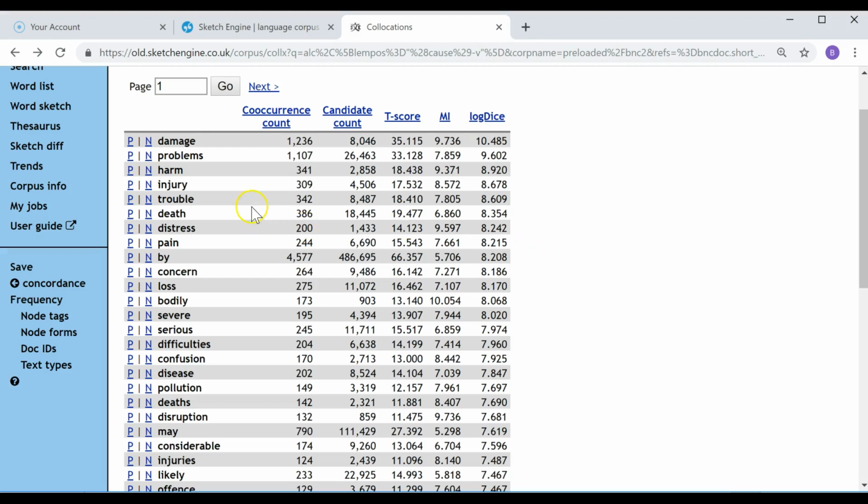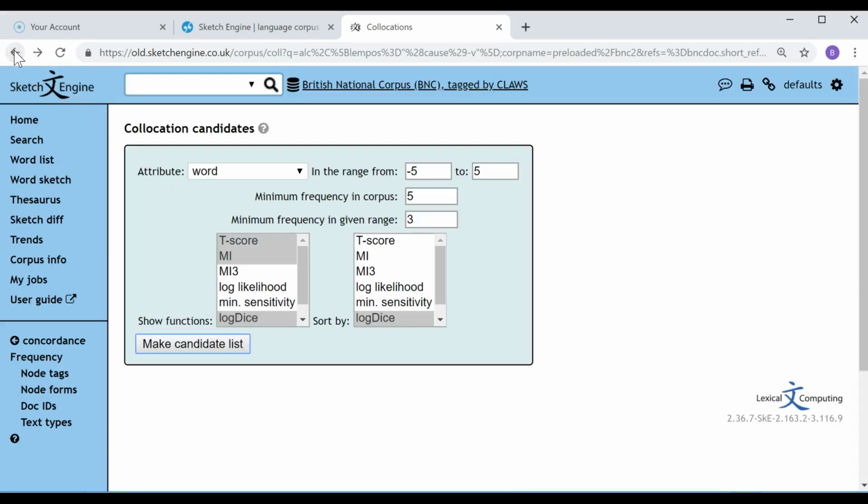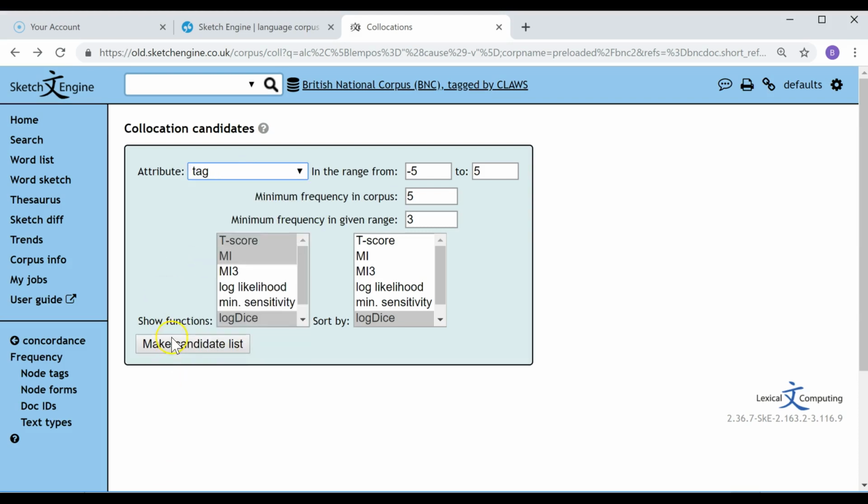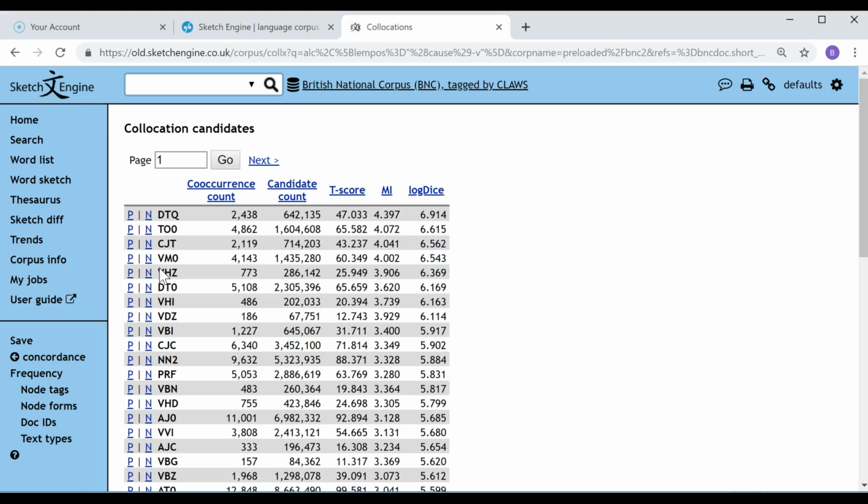I did mention some slightly different ways of doing this. So the other way I showed you in the session was, instead of looking for words, if we wanted just to know the nouns, we could at this stage look for tags, do the same thing again, and this will give us a list of the most common, or the highest, most associated tags with cause.